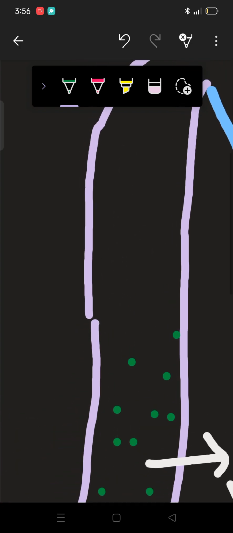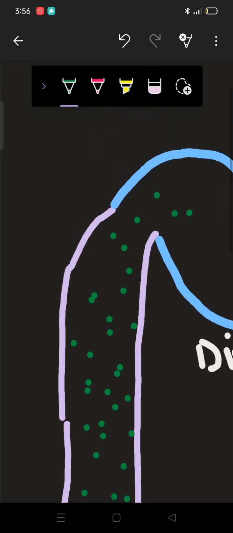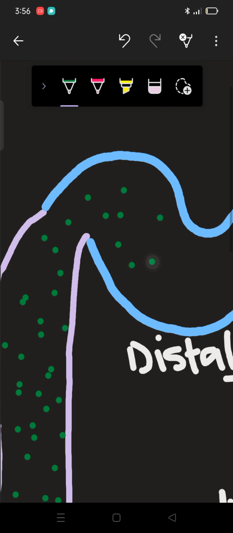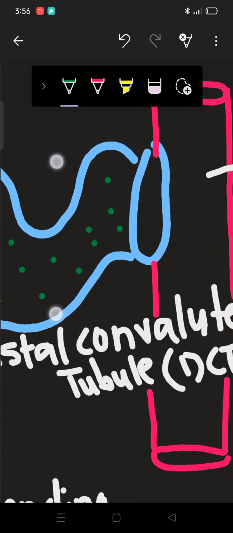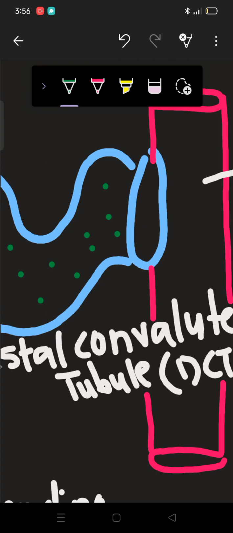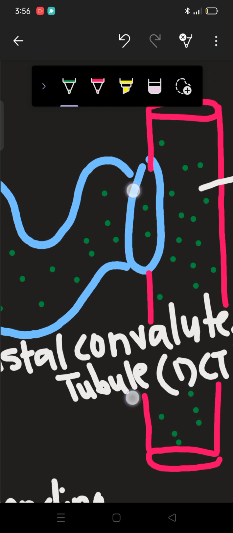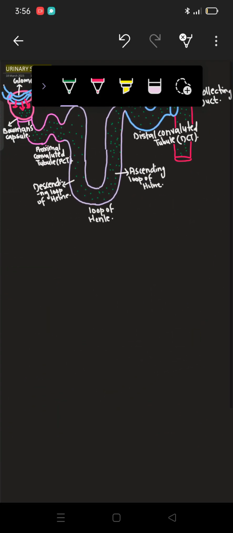So they will maintain the osmotic pressure or osmotic regulation, and this filtrate will go to the distal convoluted tubule, and then when this enters into the collecting duct, it will be known as urine. Alright, so this would then be known as urine.